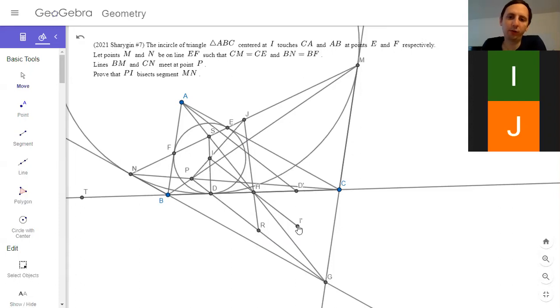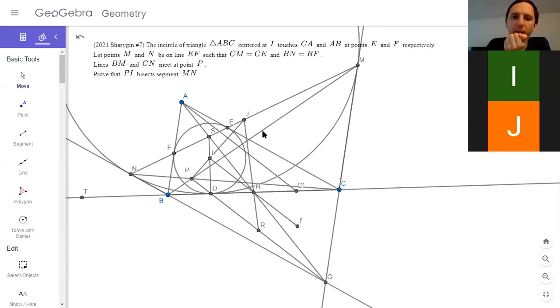Well, we know GI prime passes through J. Is it well known that RH passes through J?